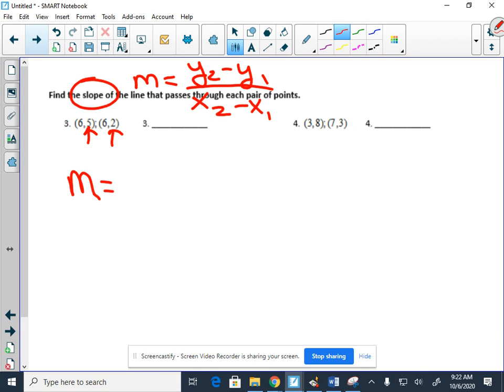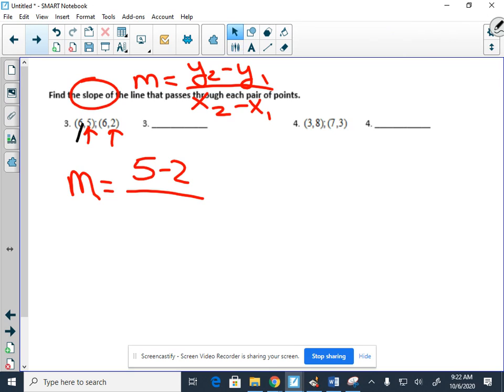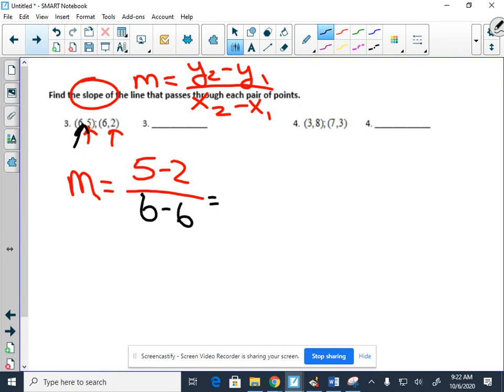So I'm going to start with the 5, subtract 2. Because I started with this 5, I have to take this 6. Now it's not going to matter because the other one's 6. But we get 3 divided by 0. Can you divide by 0? You can't. Undefined. You can't divide by 0.